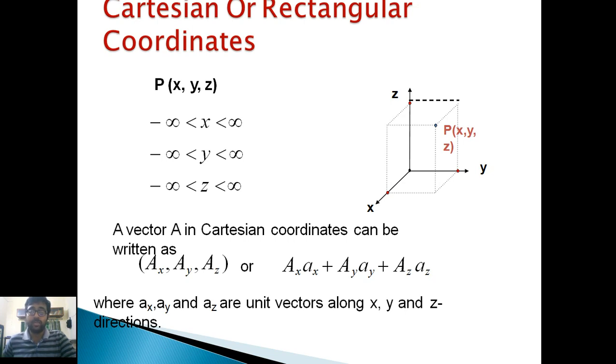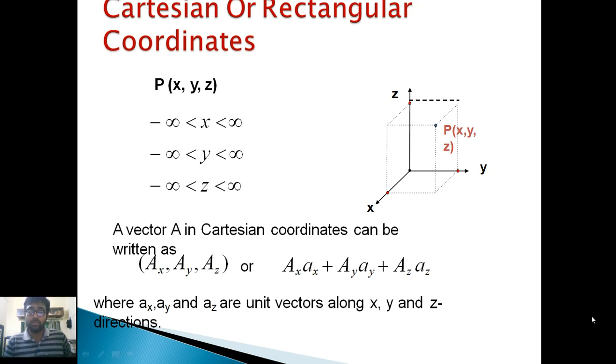into small a suffix z. What it really means is, if we have to describe a vector in the Cartesian coordinate system, we divide it into three components of A: one along the x-axis, one along the y-axis, and another along the z-axis, and the small a suffix defines the unit vector.